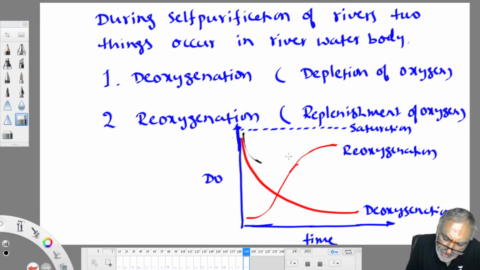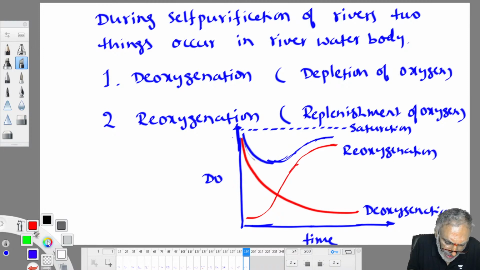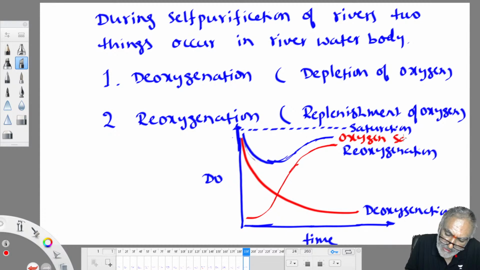That is the basis to measure stream pollution, river pollution. Deoxygenation rates and reoxygenation rates, if plotted, give one curve called the oxygen sag curve. That oxygen sag curve is the basis to measure stream pollution.